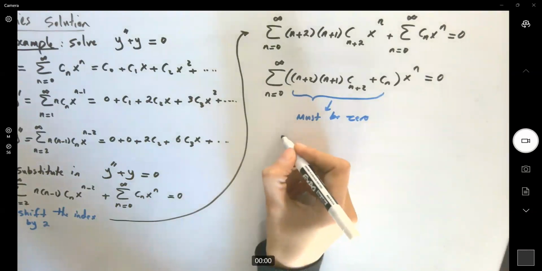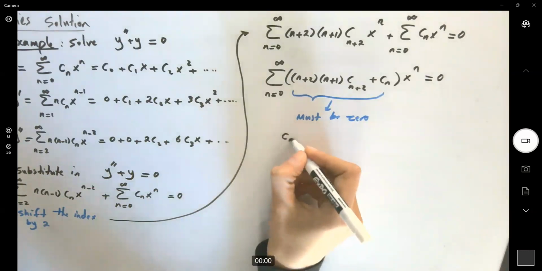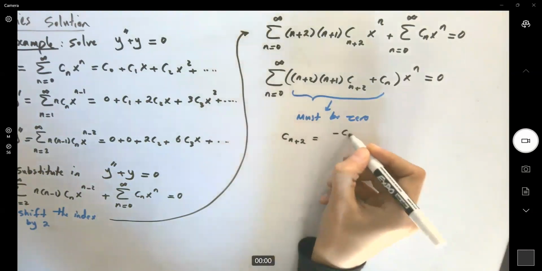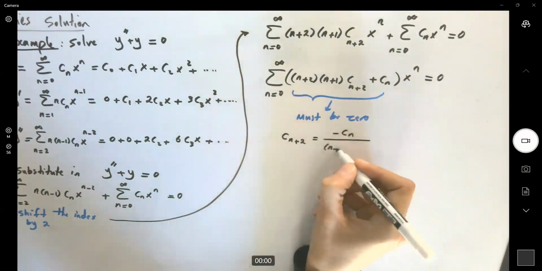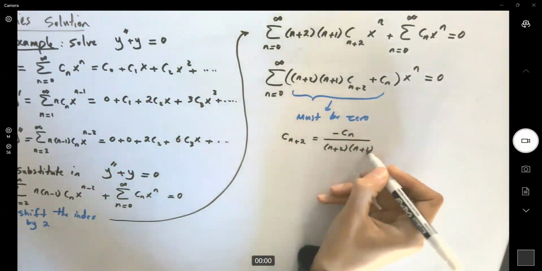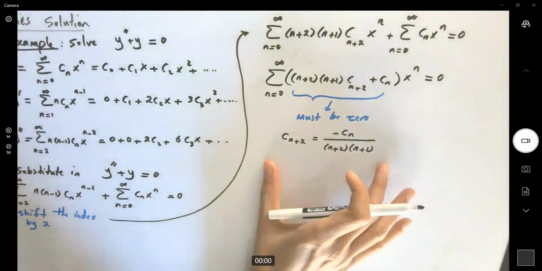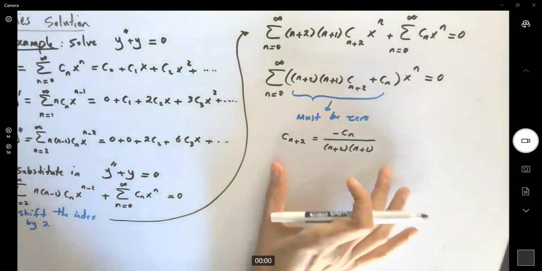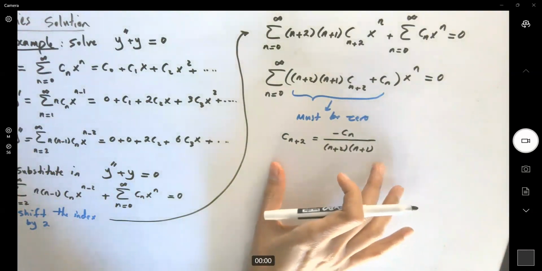Well, what do we see here? We see that c sub n plus 2 becomes negative c sub n divided by n plus 2 times n plus 1. This is a relation that we find between the coefficients.